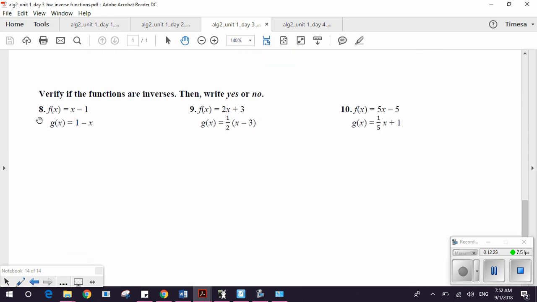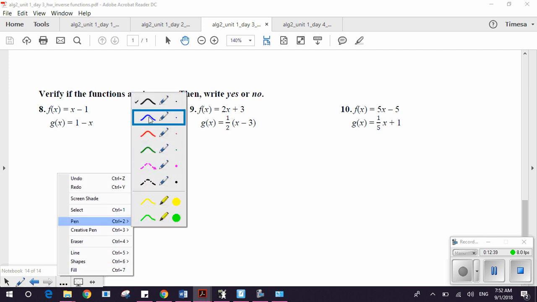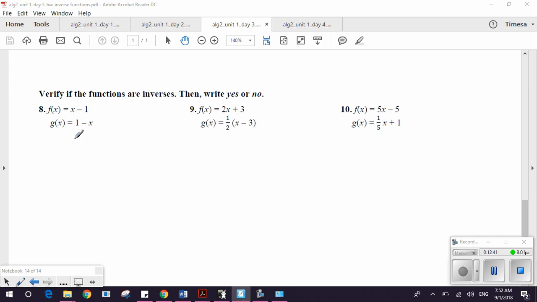For the last section, they want us to verify if the functions are inverses and write yes or no. So we're going to have to use composites to verify. The first one we're going to do, and I'm on number 9, is fog. So that means my candy shell is the f function because it's first. So write out your f function, 2x plus 3.